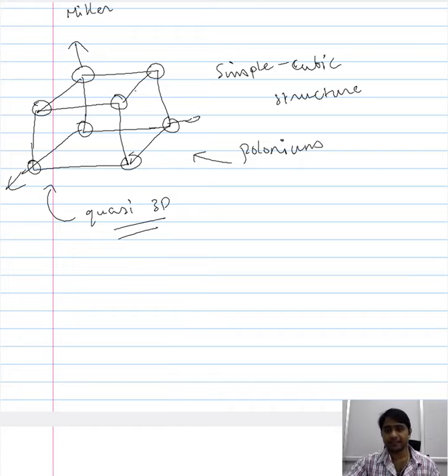Now since we know how to represent a set of planes or a set of directions, and we can understand from a given set of integers which plane or which direction they refer to, there is another way for us to represent the atomic arrangements in a crystalline material.